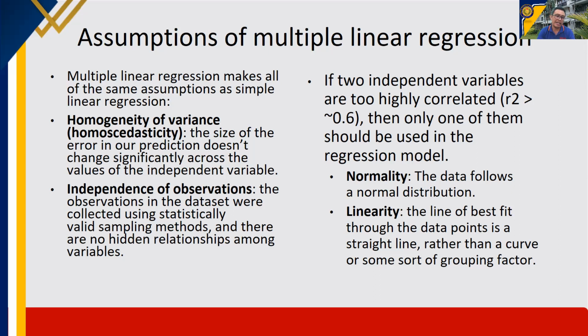At the same time, linearity: the line of best fit through the data points is a straight line rather than a curve or some sort of grouping factor. In other words, in multiple linear regression, it is possible that some of the independent variables are actually correlated with one another, so it is important to check these before developing the model.